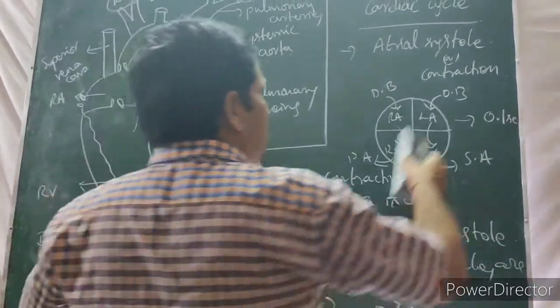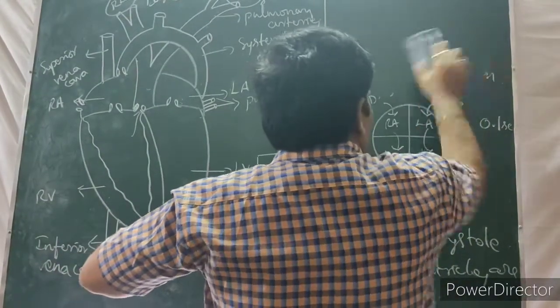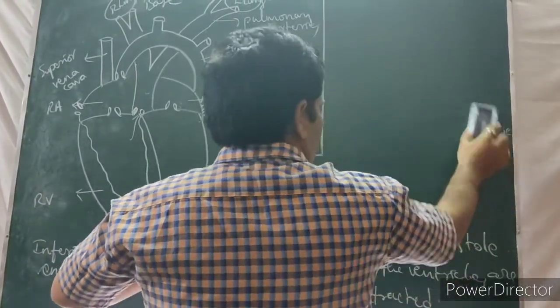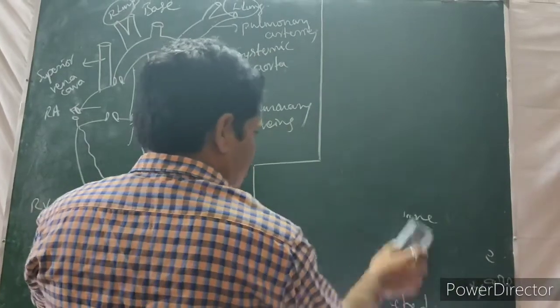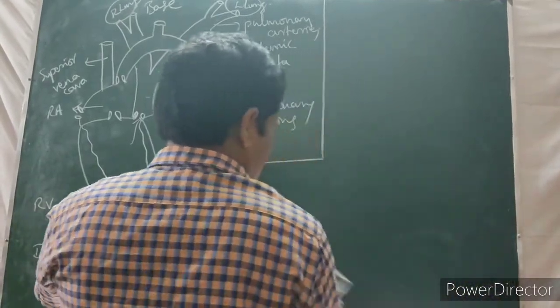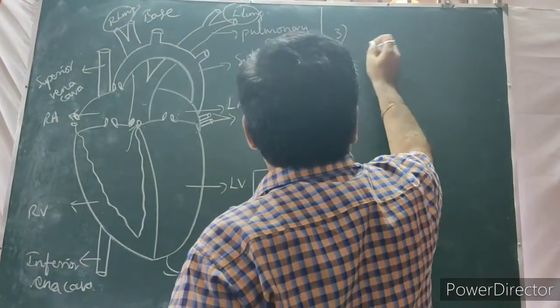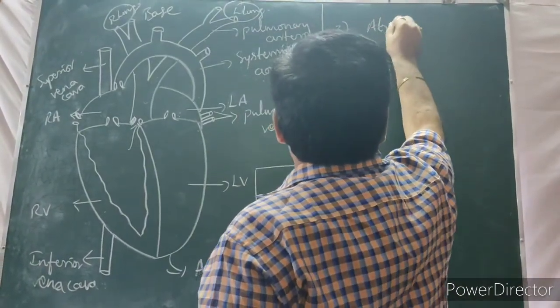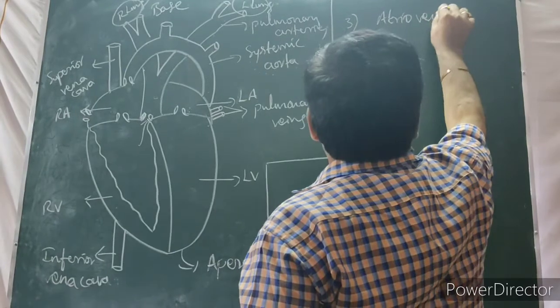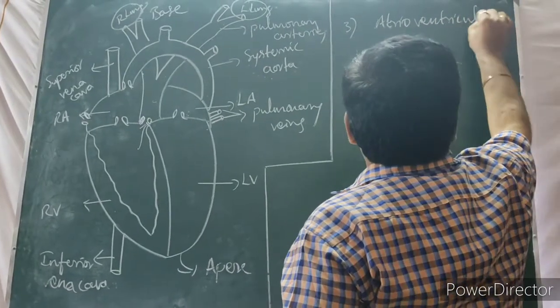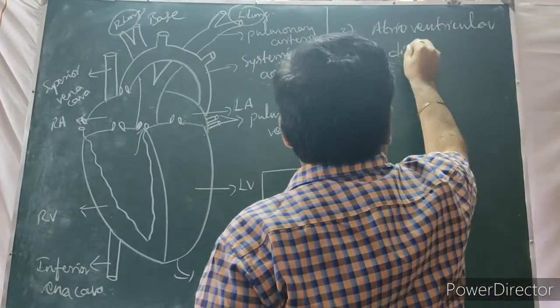Then after that, the third one is the atrioventricular diastole.